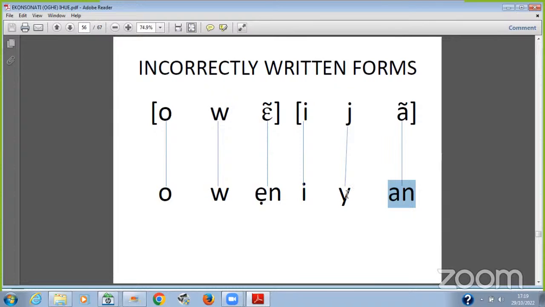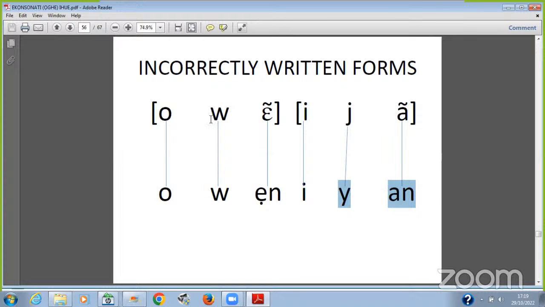But because of the influence, and that is one of the sad episodes, after the punitive expedition, the English people subjected the Edo people under the rulership of the Yorubas, especially administratively. And so the books that were written were now after the Yoruba sound.